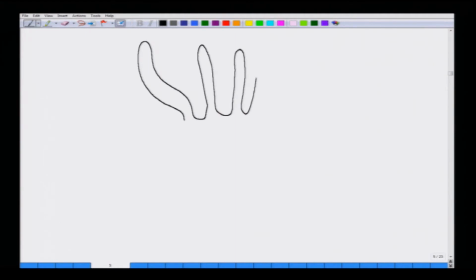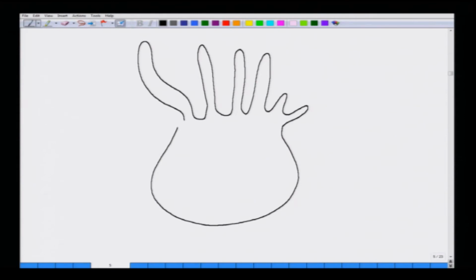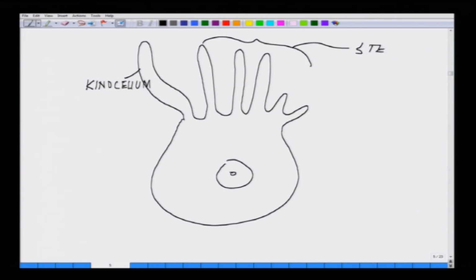So, these are the stereocilia, and these are the kinocilia, kinocilium, and these are the stereocilium, these are the nerve endings.